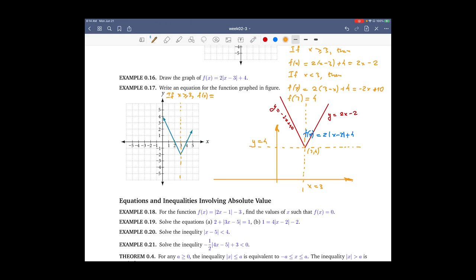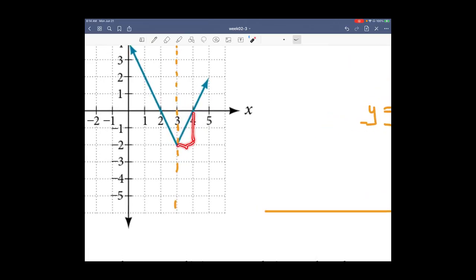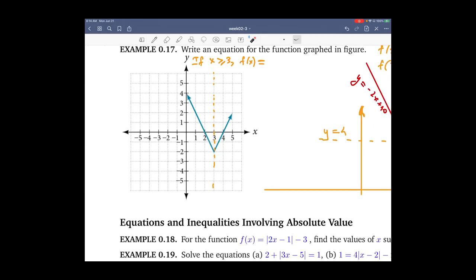That has slope 2, rise over run, rise is 2, run is 1, so slope is 2, and it passes through the point 3, negative 2.